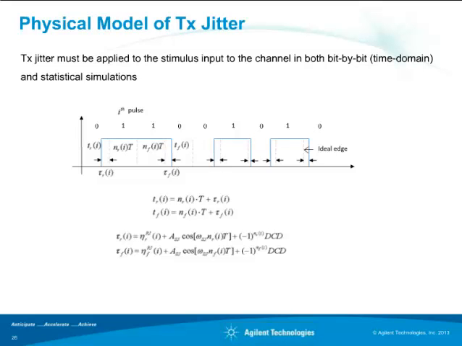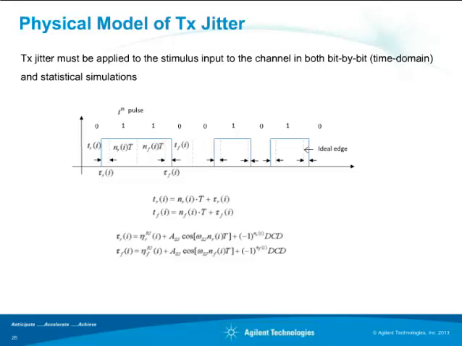So this is the jitter model we use for the Tx component. In IBIS-AMI simulation, the jitter is handled by the simulator. So in ADS we apply the physical model of Tx jitter into the stimulus signal, and that signal is passed into the Tx AMI and then goes through the channel.